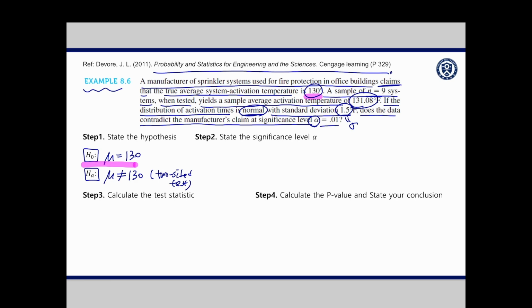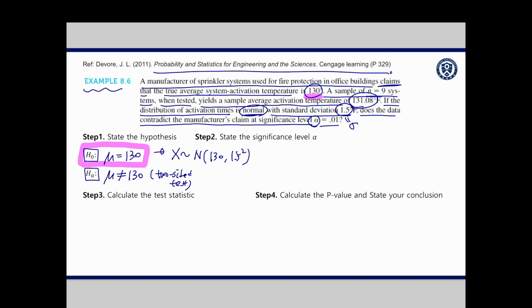Under the null hypothesis, X follows a normal distribution with mu equal 130 and the standard deviation is 1.5, so the variance is the squared value.